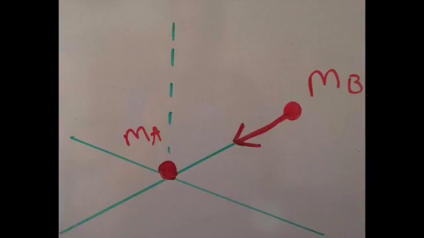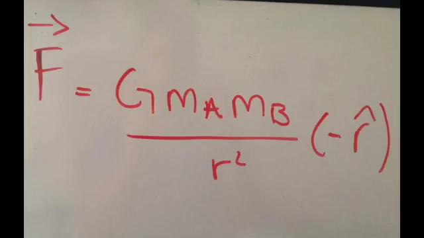In this case, we're going to focus only on f of r times its unit vector, because it is important to mention that we just want to know the interaction between them. So our vector from mass B is going to be from the opposite side, and in this case its unit vector is going to be negative.